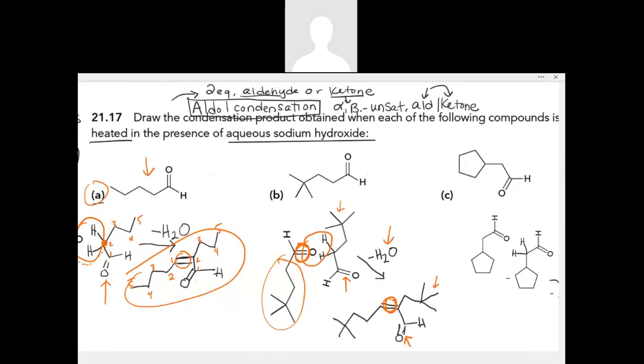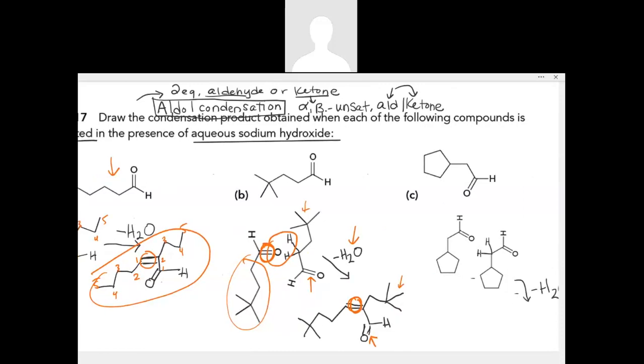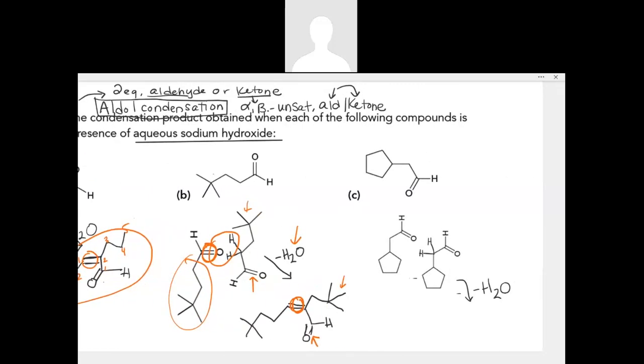We can shortcut this by orienting two equivalents of our aldehyde in a manner that we can remove the carbonyl carbon and the carbonyl oxygen, replace that site with a carbon-carbon double bond, and also remove from the enol those two hydrogens. So let's see once again in part C, if we take two equivalents of this aldehyde shown up here with the cyclopentane ring, we're going to orient them in this fashion.